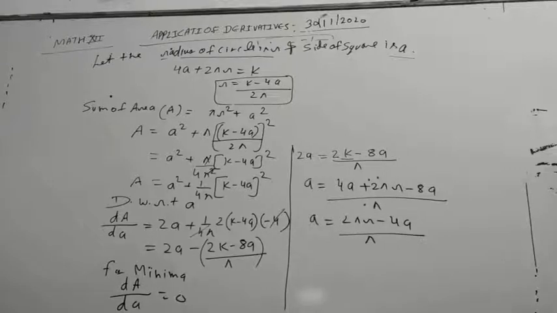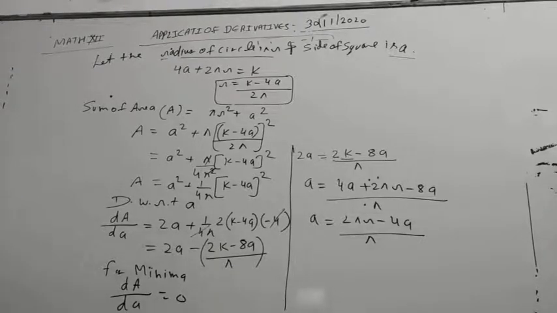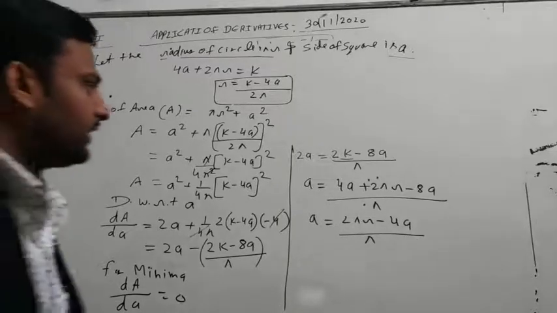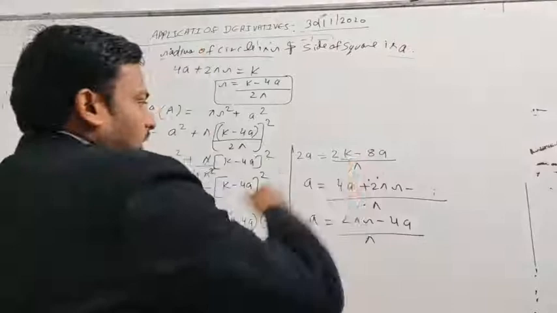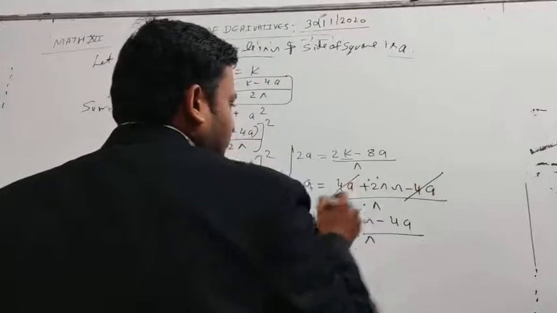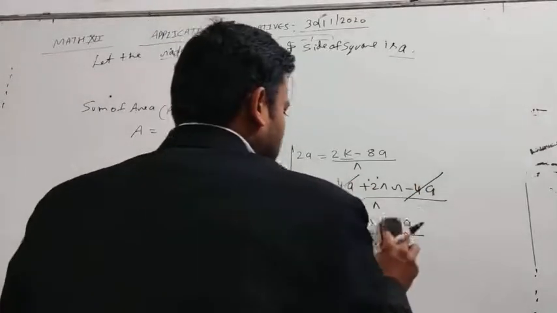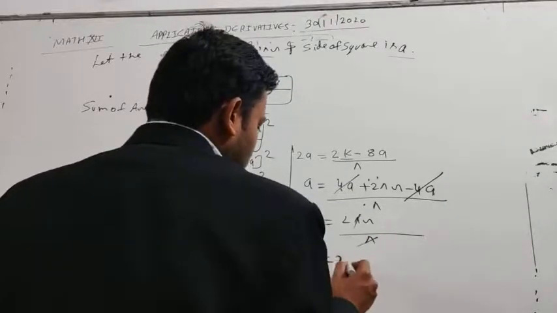Sorry, here is a mistake. When we take it outside, here will be k and here will be 4a, and this 4a and 4a will be cancelled, and here will be just pi, and a will be 2r.